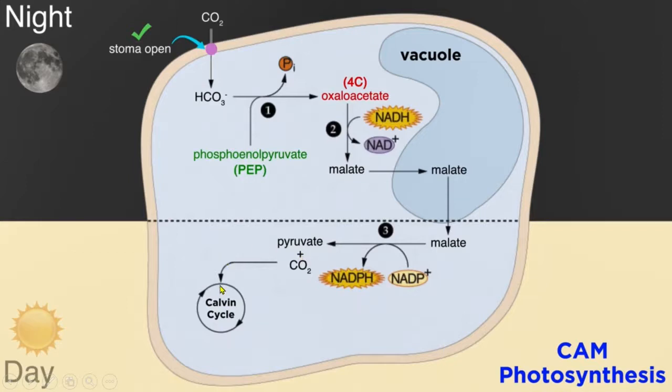So even if the stomata is closed during daytime, the CAM plants were able to store a lot of the 4 carbon. There is no problem if the stomata is closed, because once the carbon dioxide is released, it goes straight into the Calvin cycle, even in the absence of additional carbon dioxide.